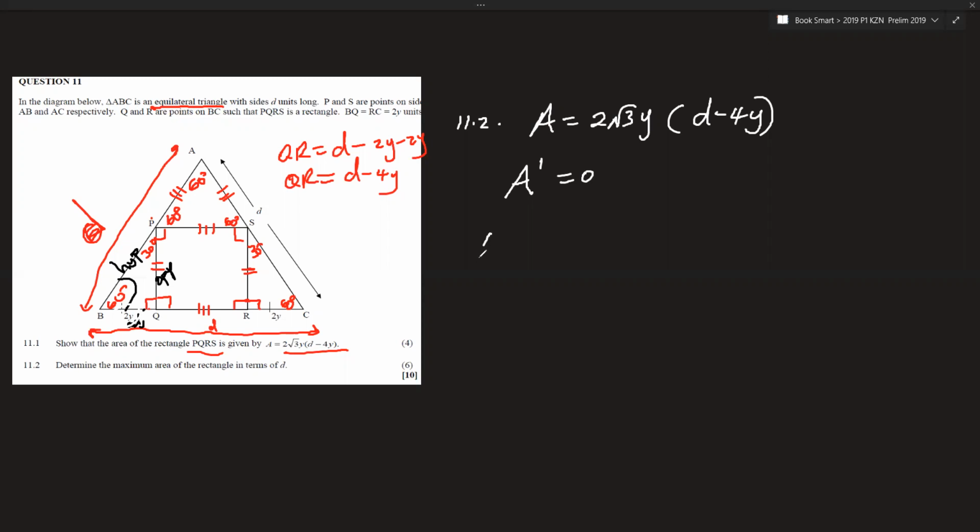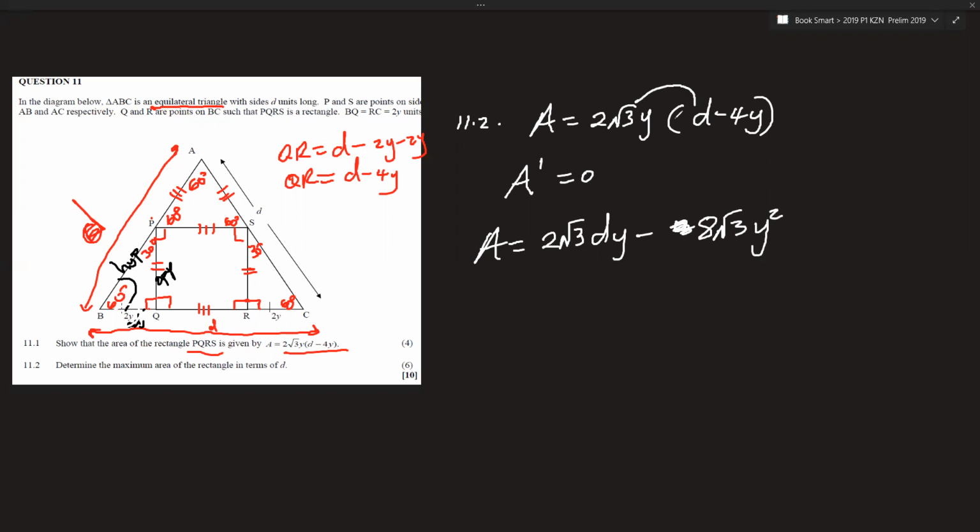So firstly, before I derive, I need to write my area in simplified form. So it's going to be 2 root 3 dy minus 8 root 3 y squared.